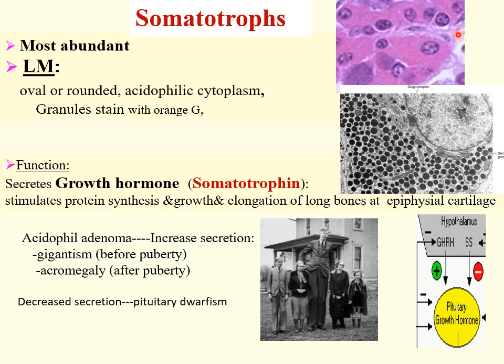This is a light microscopic picture of the acidophils, and this is an electron microscopic picture showing the vesicular nucleus, or active nucleus, and the secretory granules, which store the hormone inside.